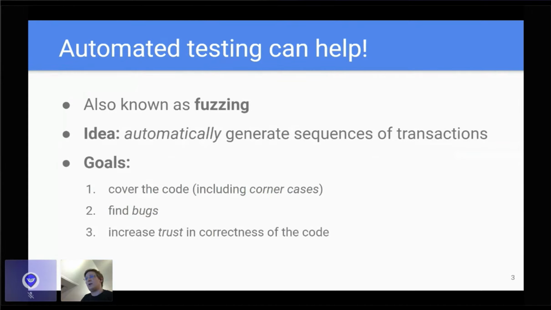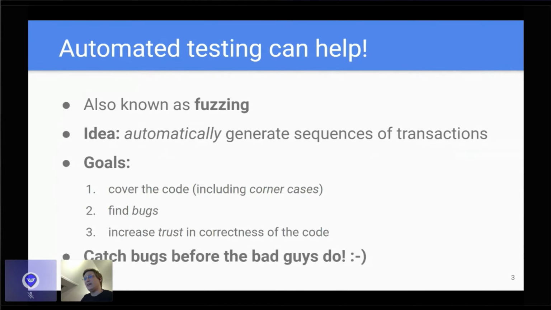And third, which is also very important, I think, is that by following these best practices, like running a fuzzer or running some automated tools, doing audits and so on, you actually increase trust in the correctness of the code that you're deploying. This is both very valuable to you, but also to your users. And of course, finally, you want to catch all those bugs before the bad guys do, right?